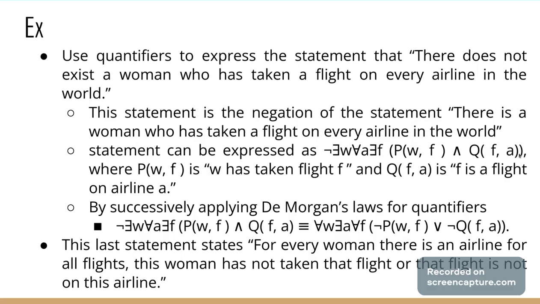Now when we negate this, there exists will become for all, for all will become there exists, and and will become or. So the statement is for all W there exists A for all F, not P(W, F) or not Q(F, A). So that is De Morgan's law successively applied to the nested quantifier.